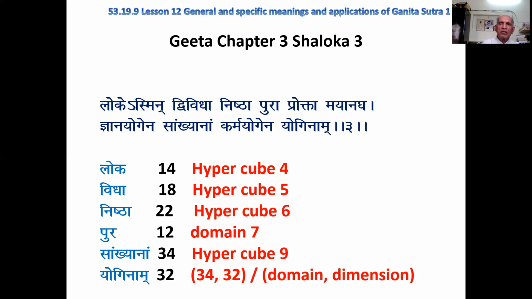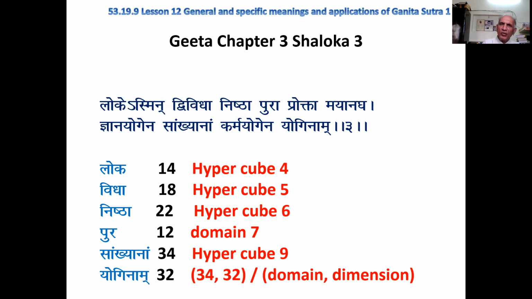These are Lok, Vidha, Nishtha, Pur, Sankhyanam, and Yoginam. These letters formulated texts, when converted into numbers alphabet, lead to values 14 for Lok, 18 for Vidha, 22 for Nishtha, 12 for Pur, 34 for Sankhyanam, 32 for Yoginam.